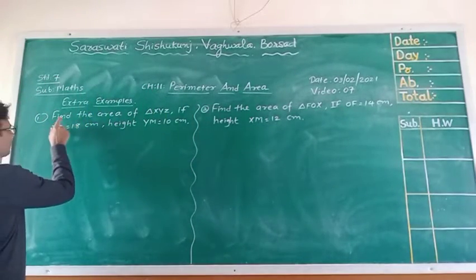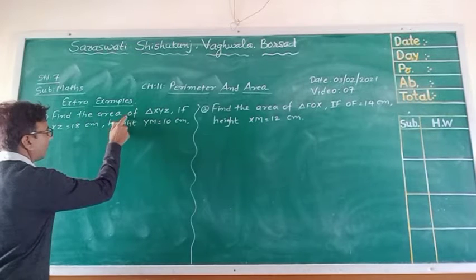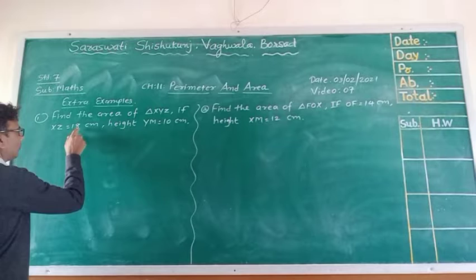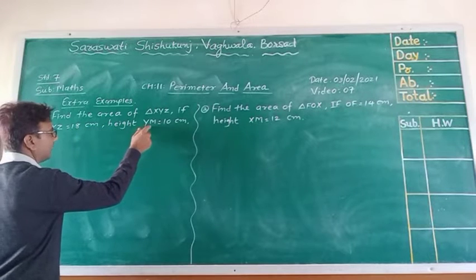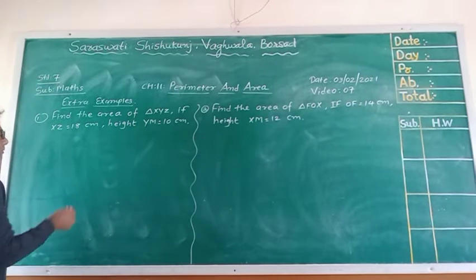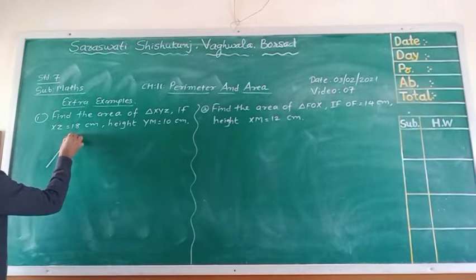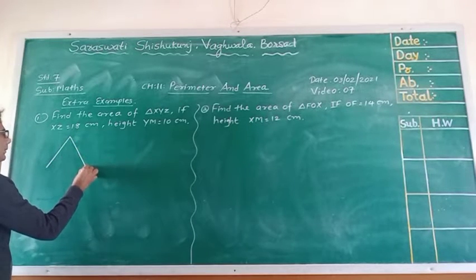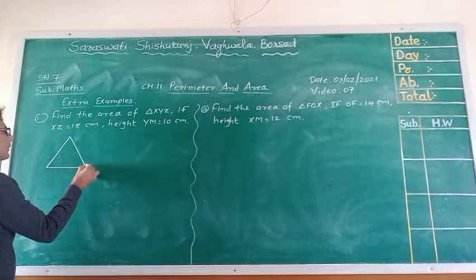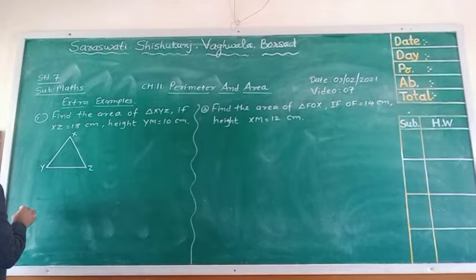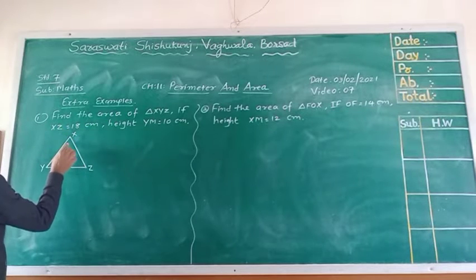First, find the area of triangle XYZ if XZ equals 18 cm and height YM equals 10 cm. First of all, students, we will draw a triangle XYZ.